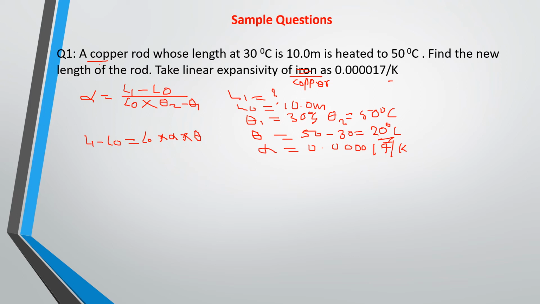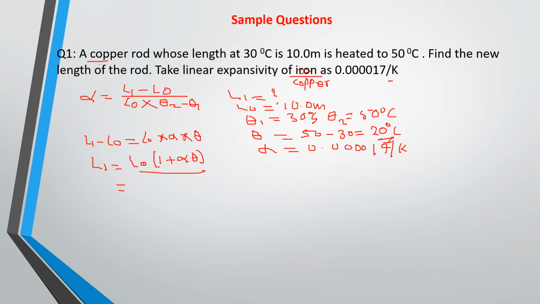That was what we said, and we now say that final length is equal to original length times 1 plus expansivity times change in temperature. So we have gotten this equation. Substitute into this equation all that you have here.